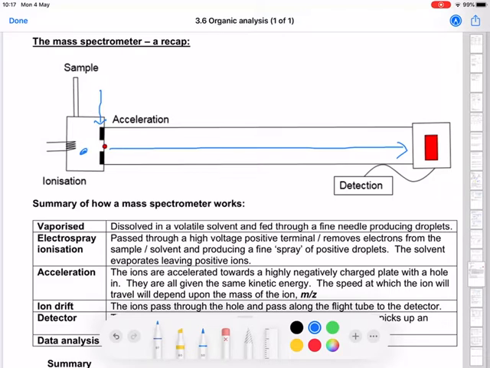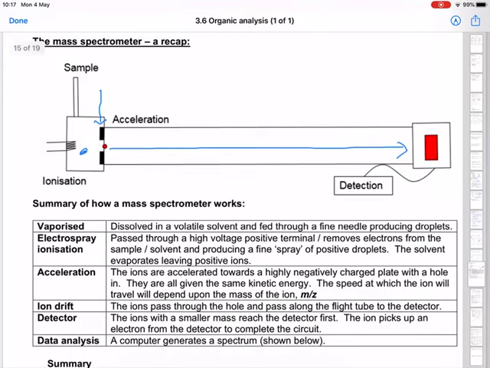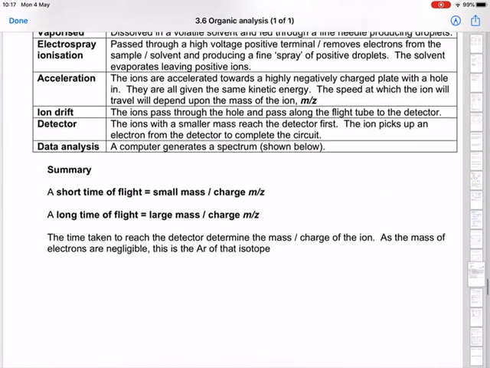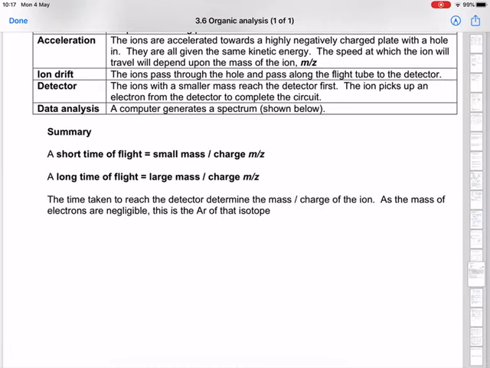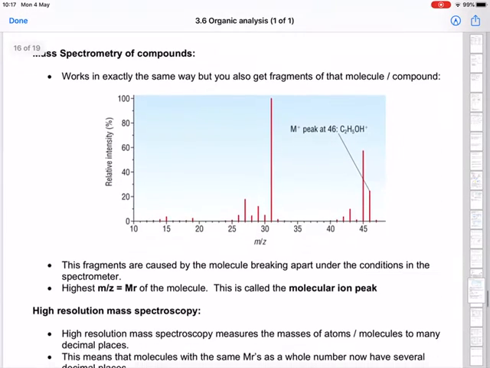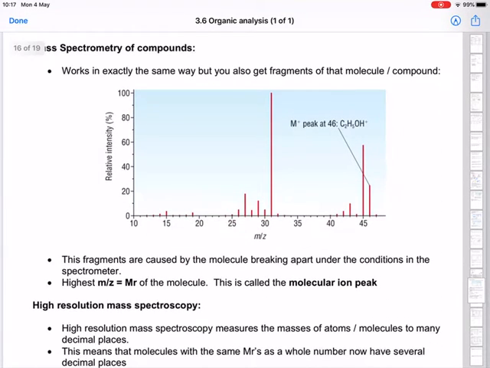And then when it gets to the detector, it picks up an electron. The more electrons that are picked up, the greater the current that flows, which gives you something that is proportional to the abundance. Okay, so that's basically what happens. Now, the reason we're coming back to it is let's just talk a little bit more.